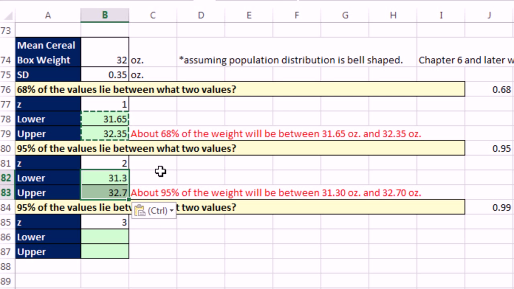For our 2 standard deviations, our empirical rule says 95% of the weights will be between these upper and lower weights. Now, for this particular example, if we went out and got a sample mean and it was below 31.30, so we actually got a 31-ounce sample off of a machine, it becomes likely then that the machine is not filling correctly.